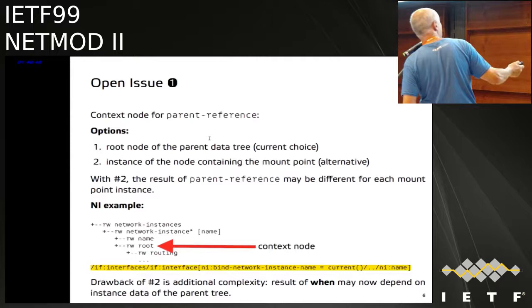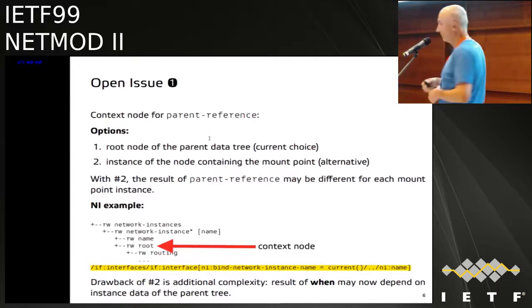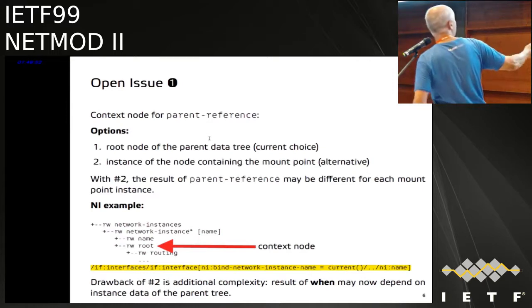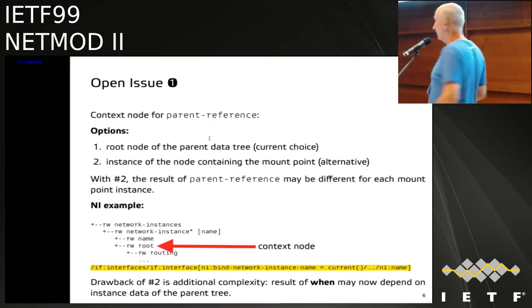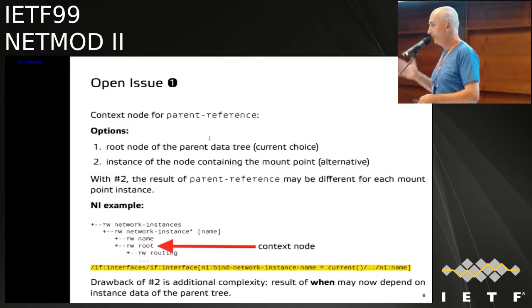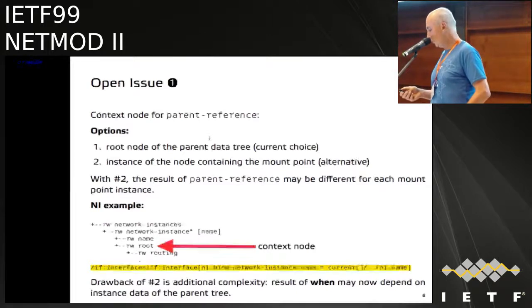In this case, it means that the context node would be this root node, and this is a list of network instances, so we will have a different context node for every network instance, and that means that we could do these nice things.